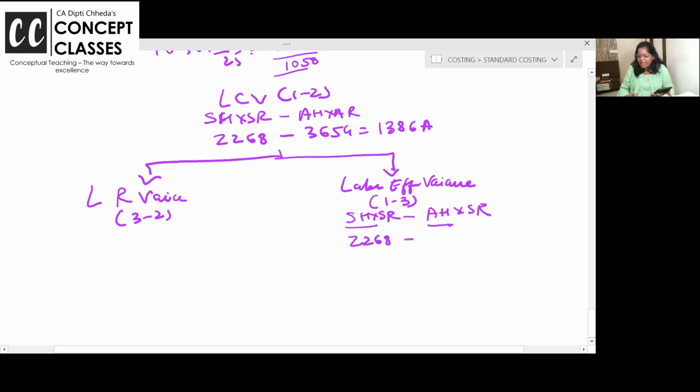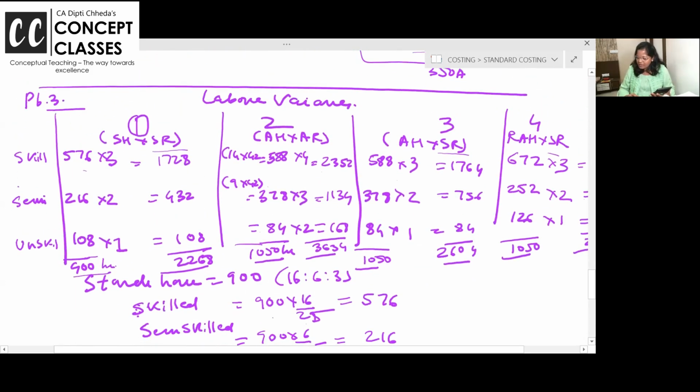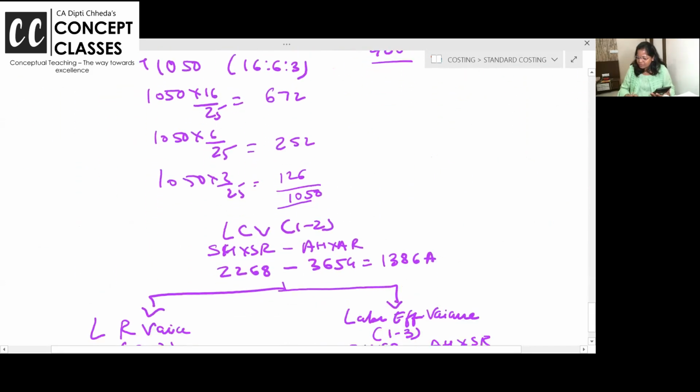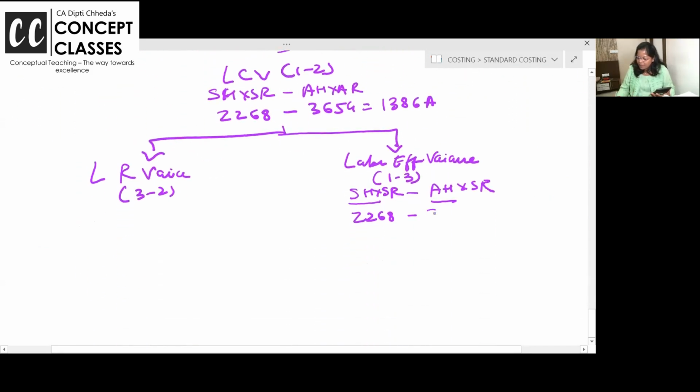2268. And what is the total of the third column? 2604. How much is it coming? 2268 minus 2604 is 336. Then 3 minus 2: 2604 minus 3654.